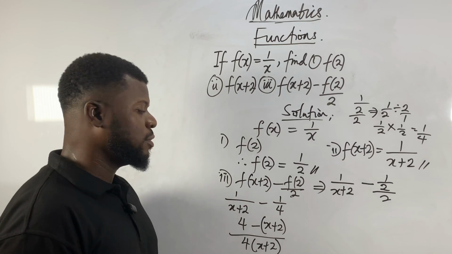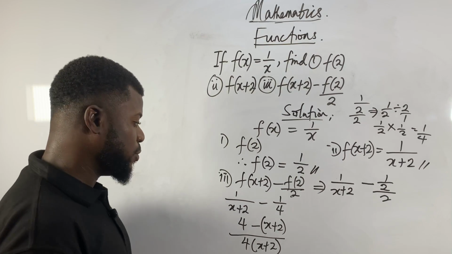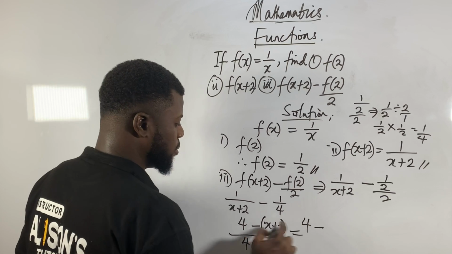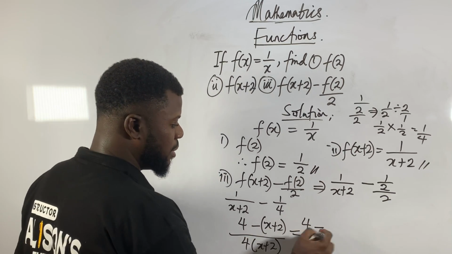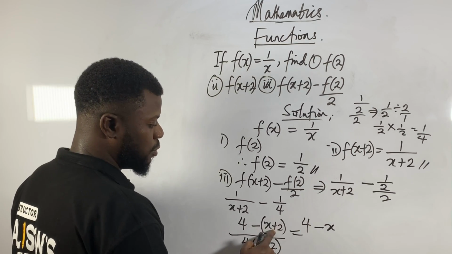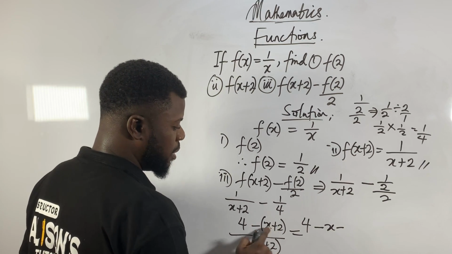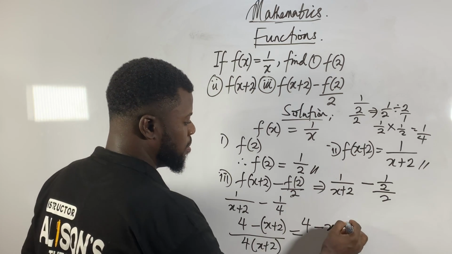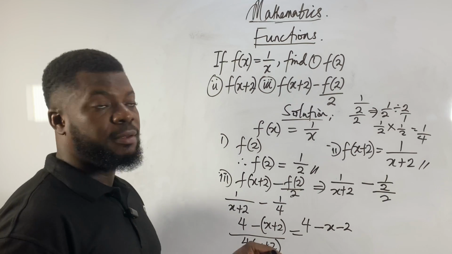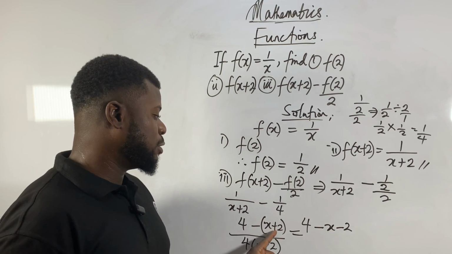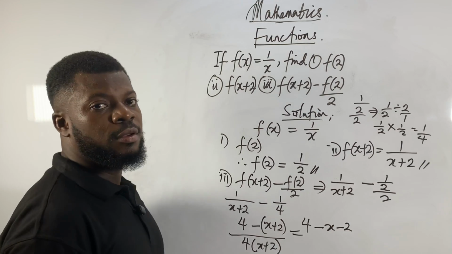I'm giving you this update so you don't forget one day. So now, what do you get here? 4 minus times x, now minus x. Minus times plus now gives minus. We don't do minus plus, it will be minus 2 that will remain. So what I do, I use the minus to clear the bracket: minus times x, minus times plus 2, minus 2.